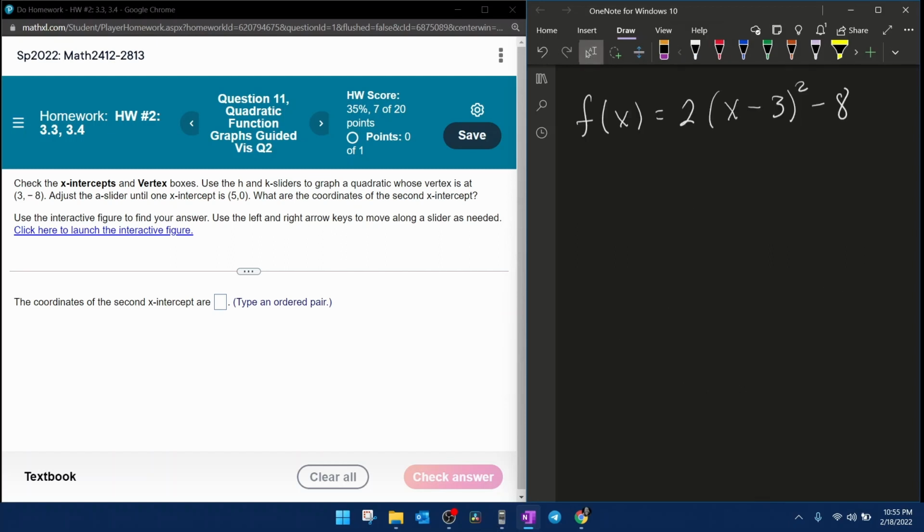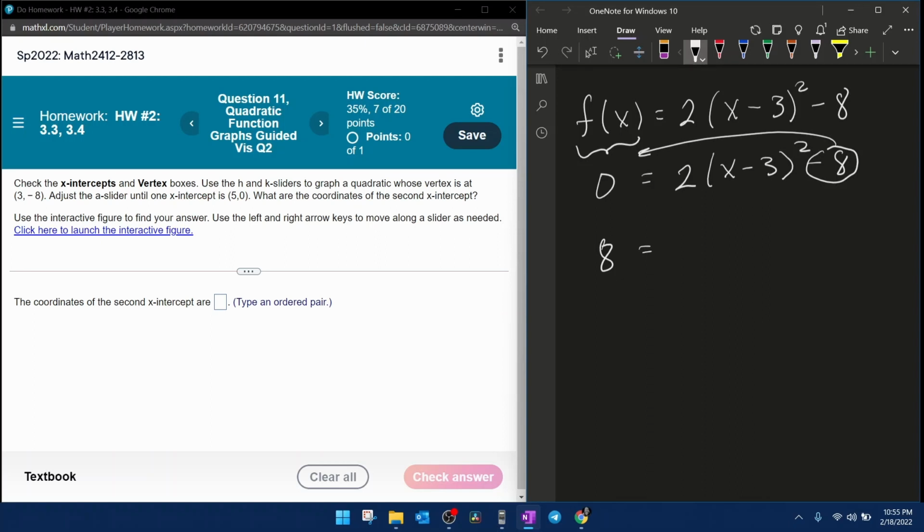And now that we have our quadratic function, we can find the x-intercepts, knowing that the x-intercepts occur when y is 0. So first step, solving this equation, we're going to bring the 8 over, making it plus 8. Next step would be to divide both sides by 2. That's going to give us 4 equals (x - 3)².